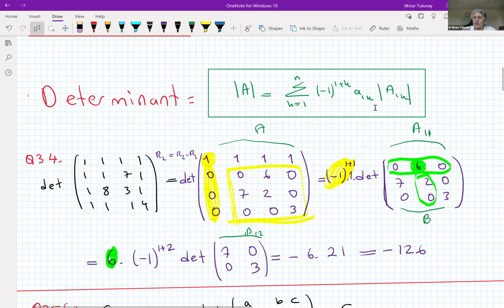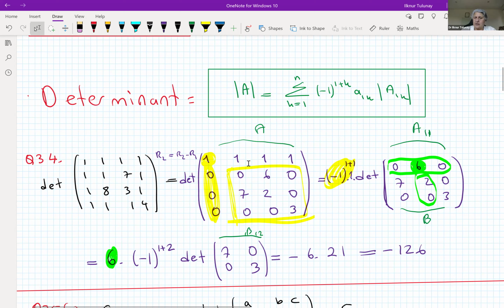According to the formula, I am opening up with this entry, which is 1, and that's -1 to the power of the row number plus the column number. The row number is 1 and the column number is 1, so I have 1 plus 1 here.